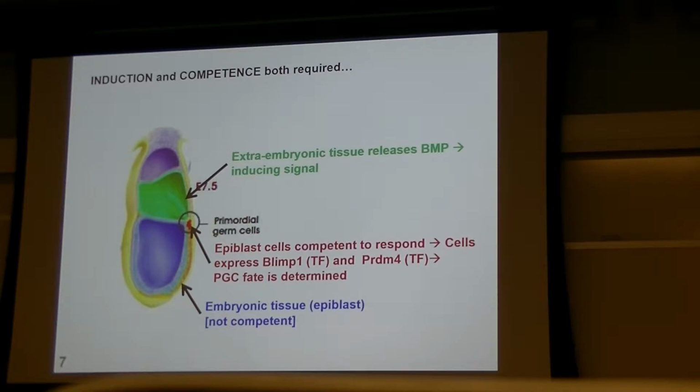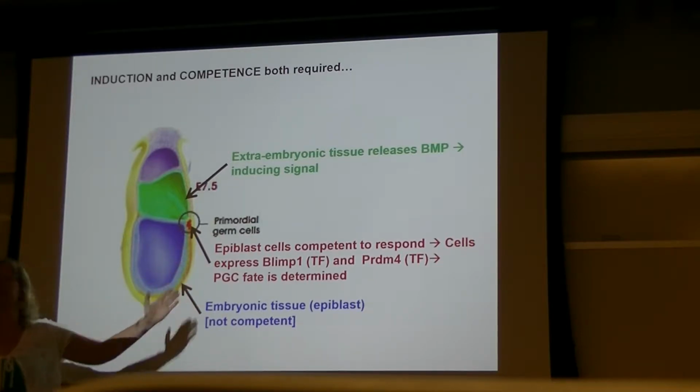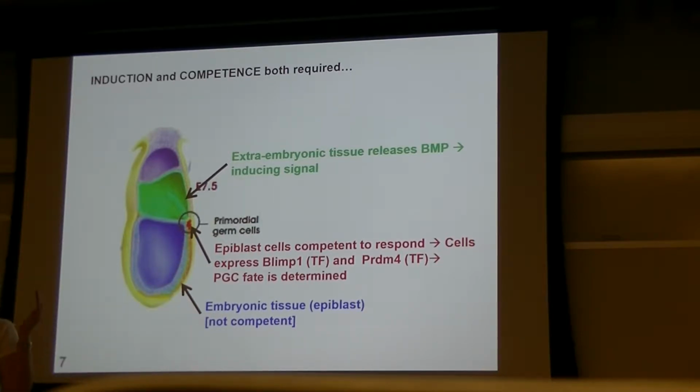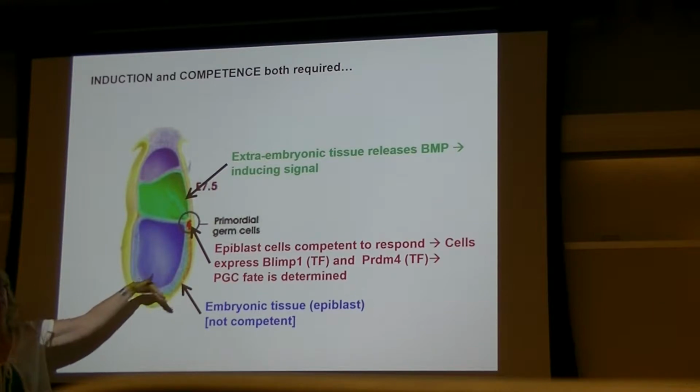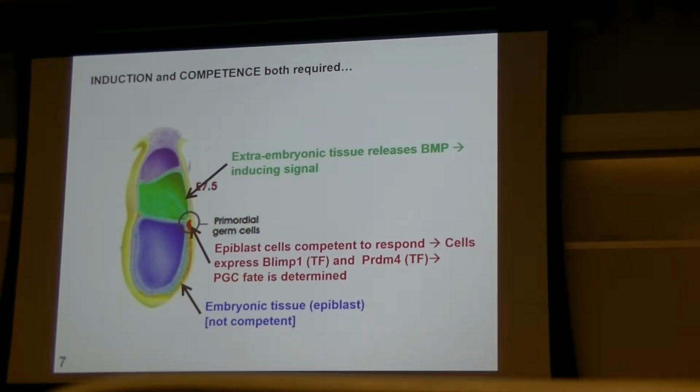For example, these cells might be the ones that have a receptor for BMP that they're currently expressing, whereas other cells of the epiblast may not be expressing that receptor. So even if they did manage to get some BMP, they're not going to be able to respond to that inductive signal and become germ cells. So there's kind of two parts to this.